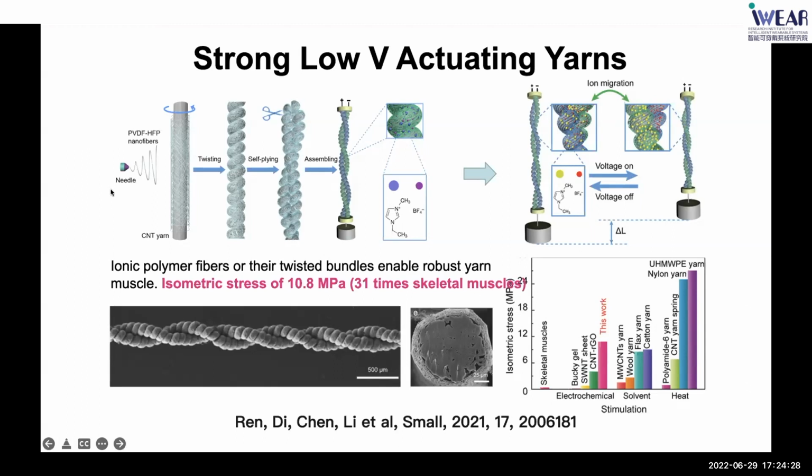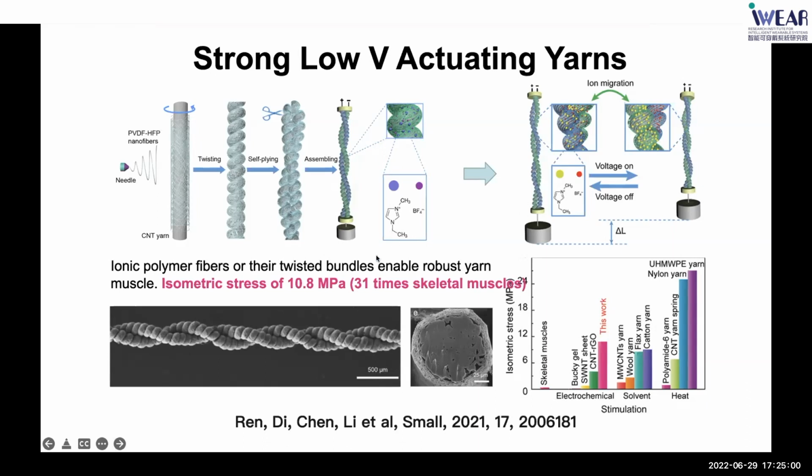The first is using electrospinning to fabricate the electrolyte layer, and we use the twisting method to obtain the electrodes, and then we use the self-plying method to assemble these devices, and then we apply a voltage. We can observe the actuation of the no-V actuation yarns.